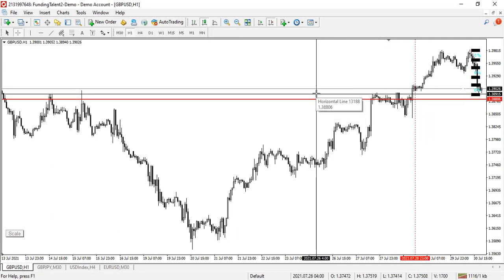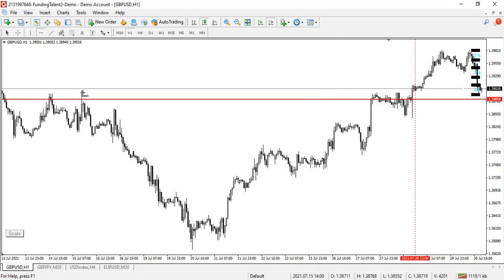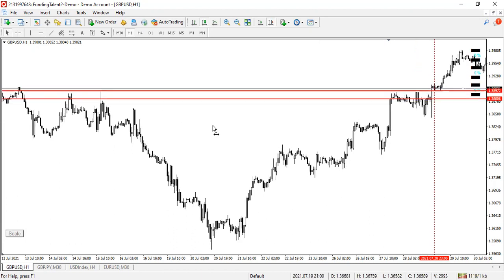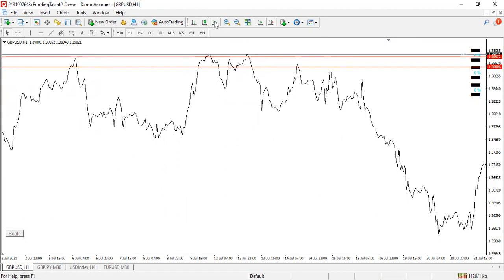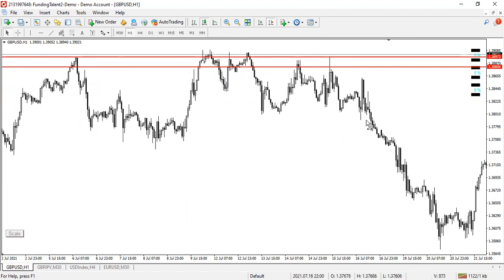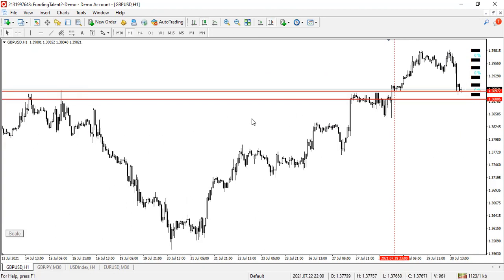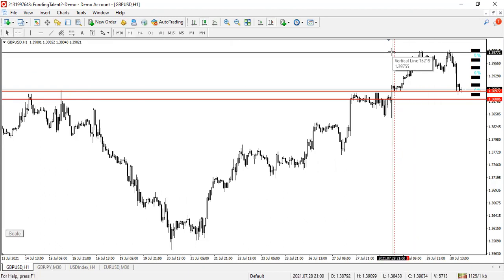Okay, looking left, I spot yet another zone here. And if I put a line chart, that's quite a strong zone. Price has also broken above that zone.